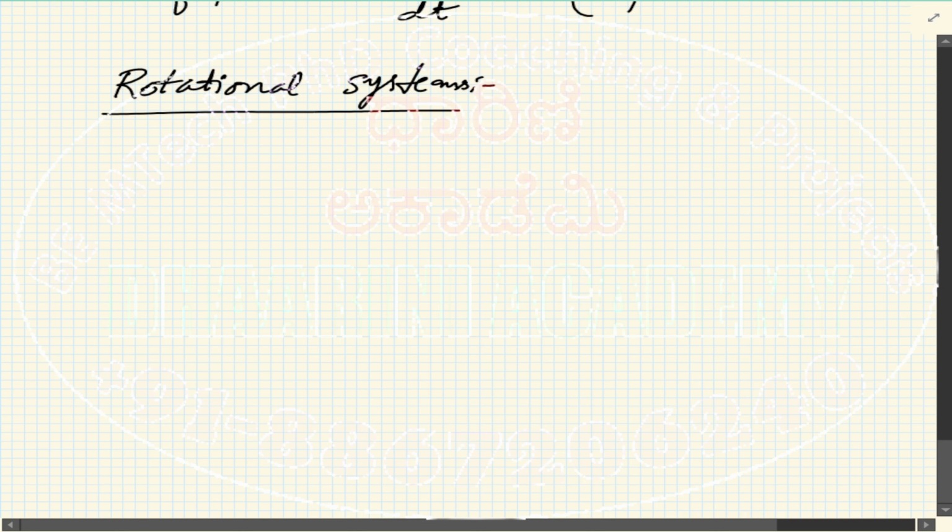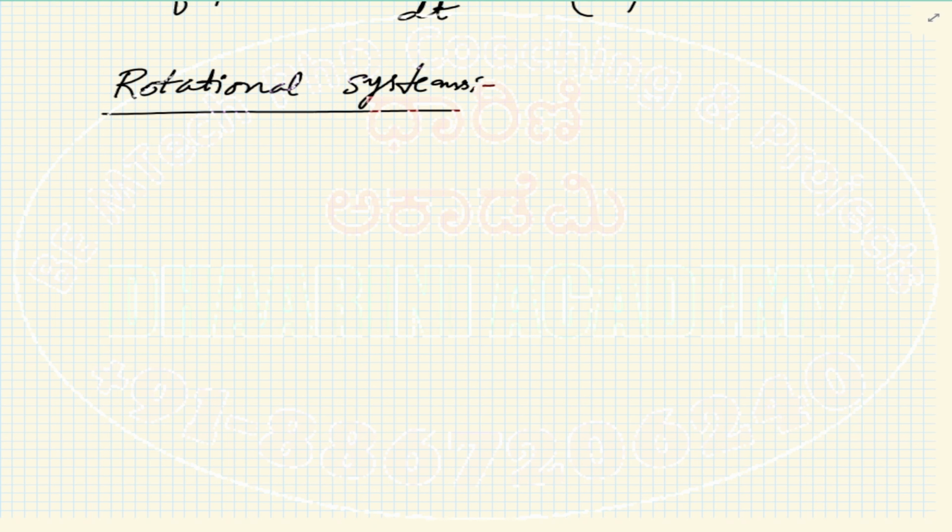The second one is that when you apply force, the rotational system starts rotating instead of moving in a straight line. That's one of the basic differences. What is the other difference between the force corresponding to a linear or translational system and the force corresponding to a rotational one? Let me know if you are able to recall that.